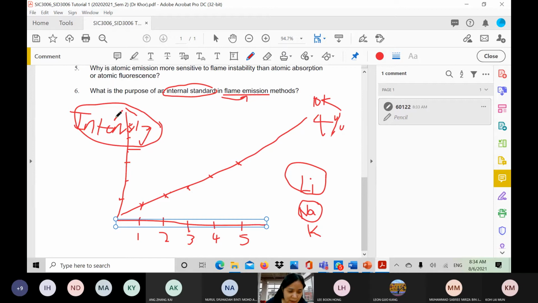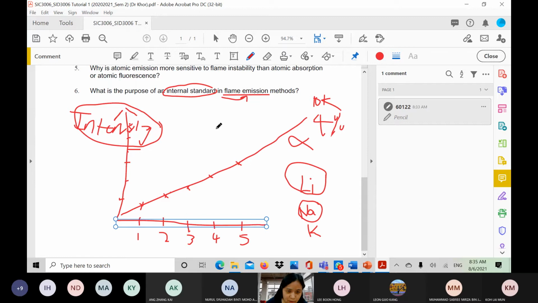However, the intensity that we measure is an absolute intensity. Absolute intensity is unreliable because it will change anytime if the temperature of the flame is unstable, right? So it means that this calibration plot is unreliable and we cannot use it to perform quantitative measurement to detect or to quantify the concentration of an unknown sample.